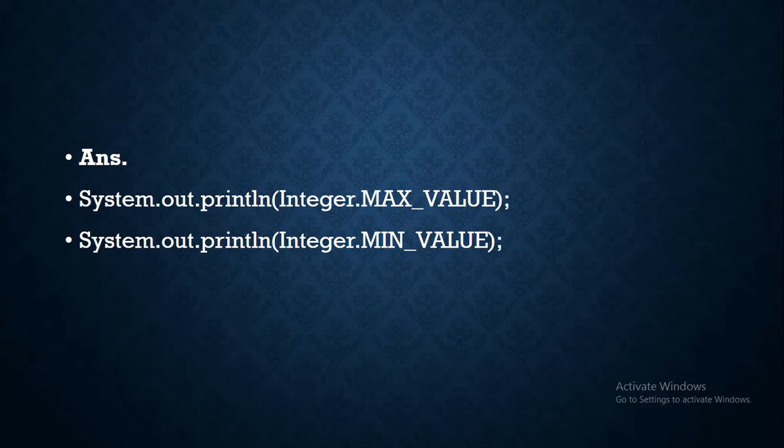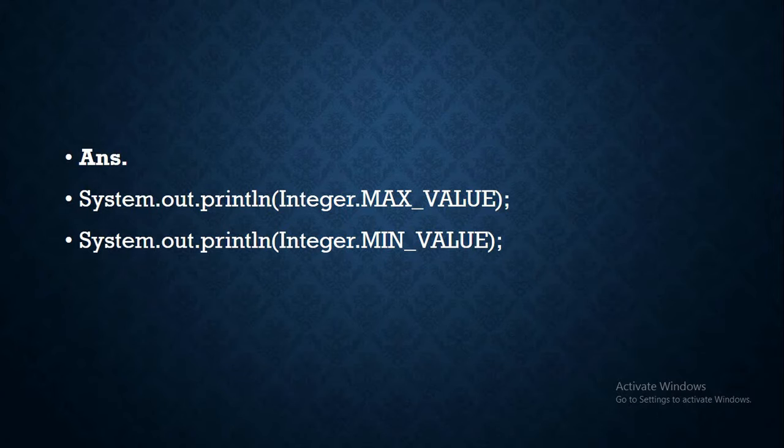Integer.MAX_VALUE, it is a macro, and a macro is always written in capital letters. You have seen that both maximum and minimum value are written in capital letters. Take care of it, because this language depends on capitalization.